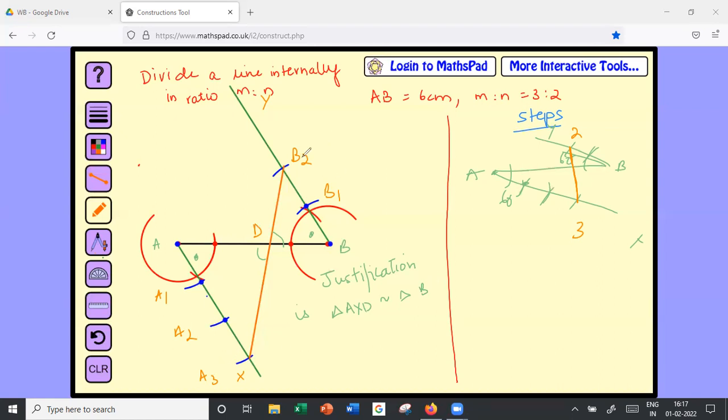Oh, this is supposed to be B2 or A3. A3D is similar to B2D. Okay, and by CPCT, or by the property of similarity of triangles, you will get that this ratio AD is to DB is 3 is to 2.